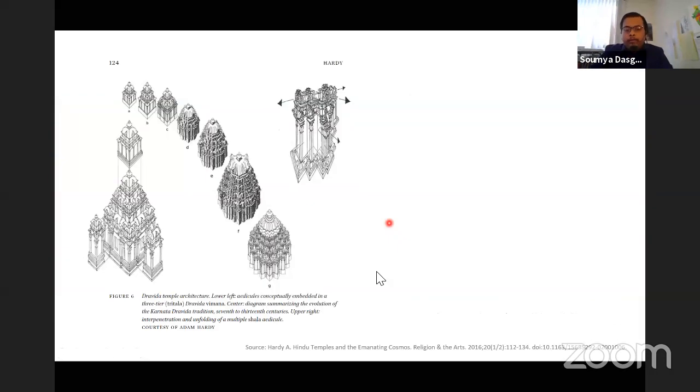Now, we're returning to Adam Hardy's understanding. Many Western and Indian historians have talked about Indian temple architecture, but I particularly focus on Adam Hardy because he talks about its evolution in a very geometric, architectural, formalist way.